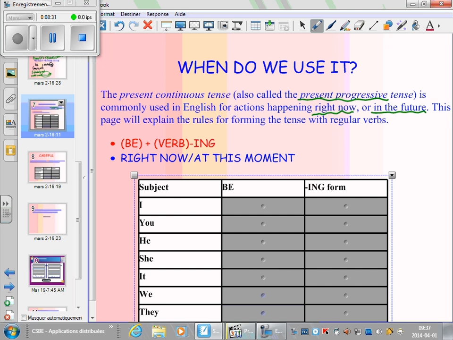This page will explain the rule for forming the tense with regular verbs. So here we have the verbing, the same thing we saw on the first page. Right now, at this moment, or extended present.